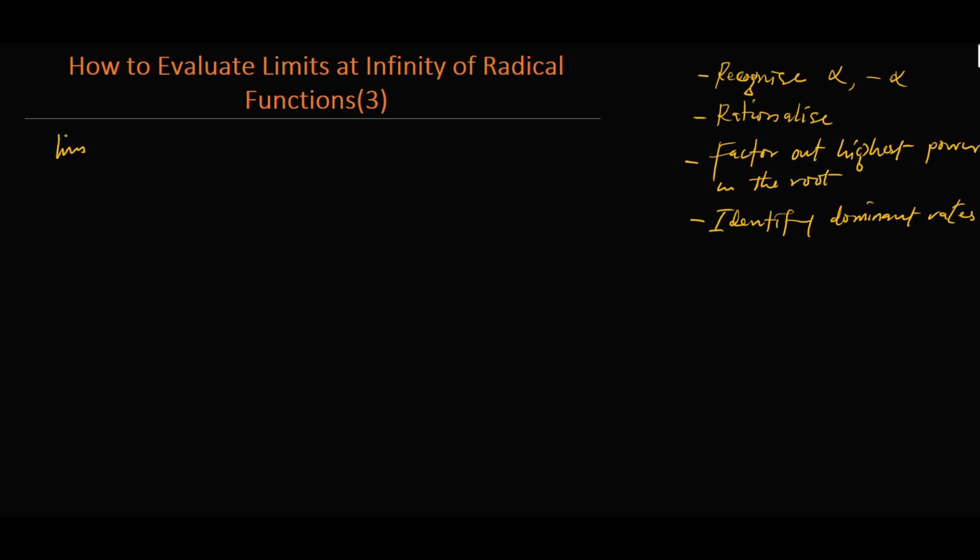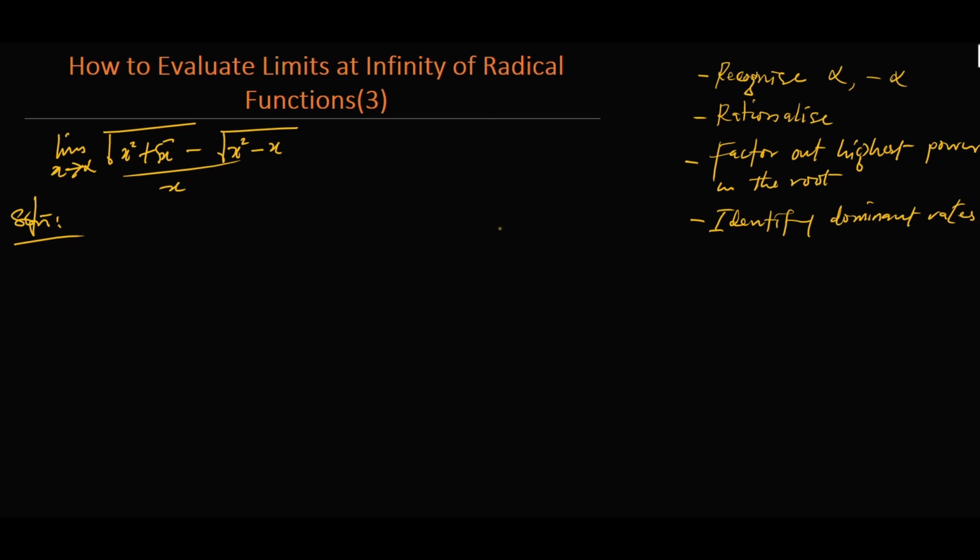Given the limit as x approaches infinity of root x squared plus 5x minus root x squared minus x, all over x, how do you evaluate this limit when you have multiple radical expressions?